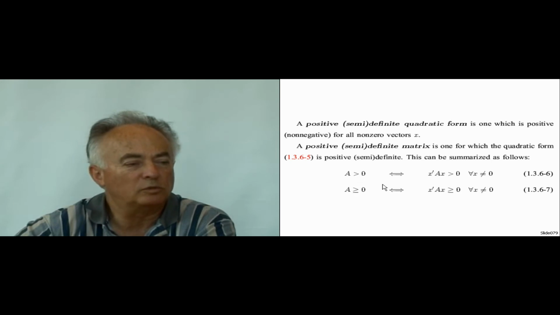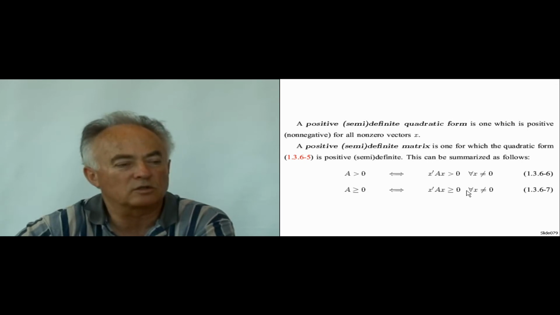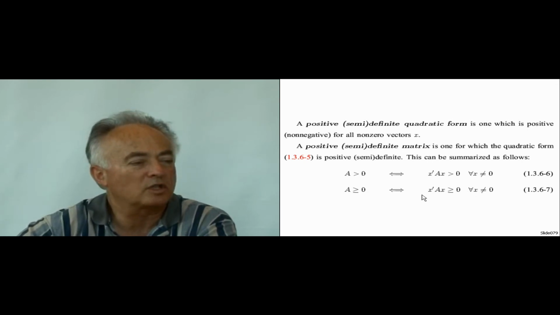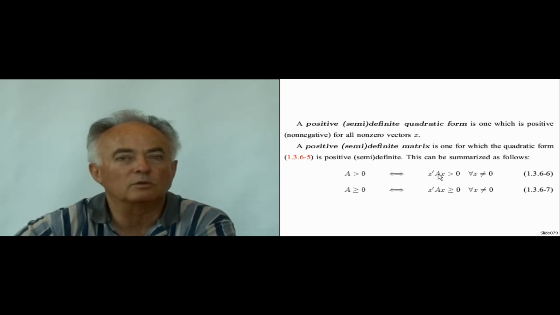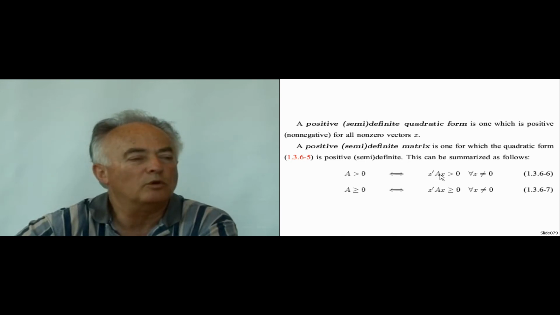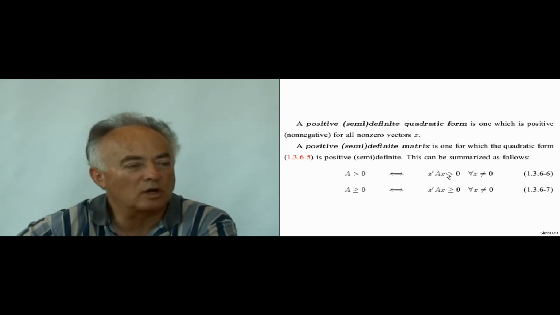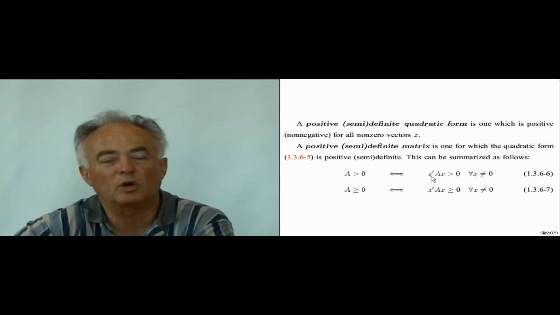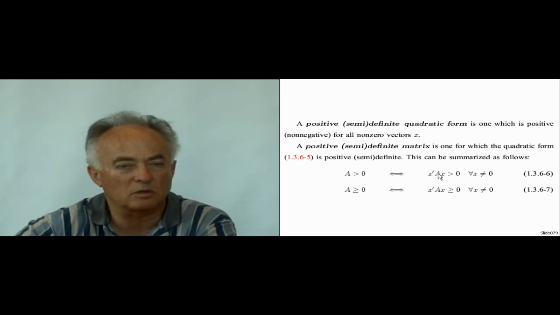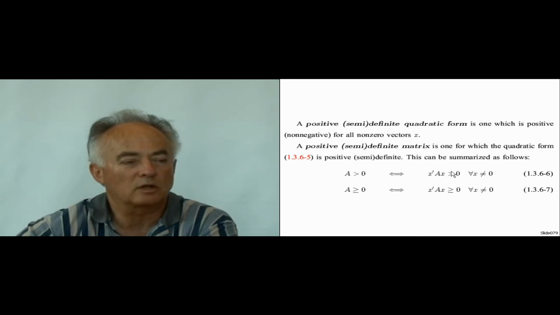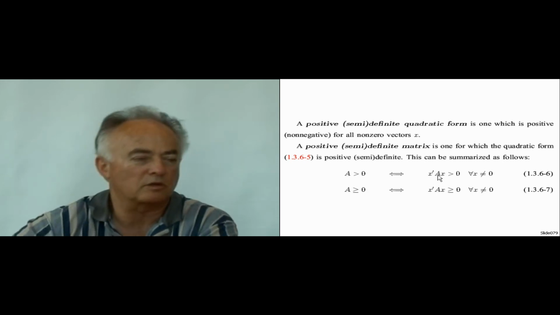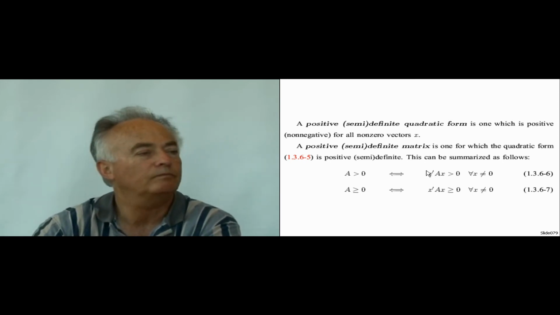If this quadratic form is non-negative, which means greater or equal to 0 for all non-zero vectors x, then A is positive semi-definite. Clearly, if x is 0, this will be 0. The point is you end up with squares of the elements of the vector x, and this is why it's going to be positive. No matter what the vector x is, it can have negative elements. As long as they are non-zero, if A is what is called positive definite, you're always going to get a positive quantity here.